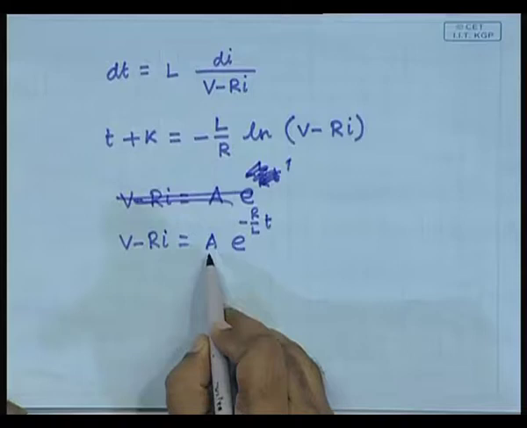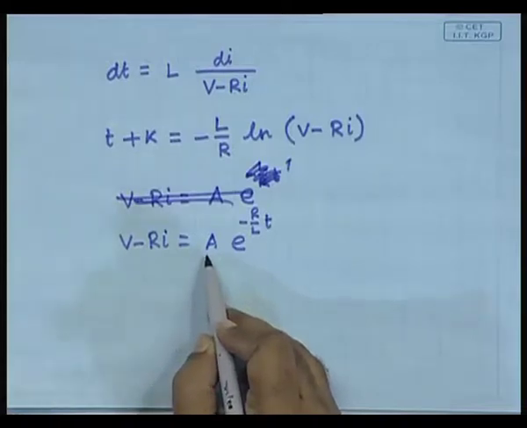This a then has to be obtained from the initial condition.